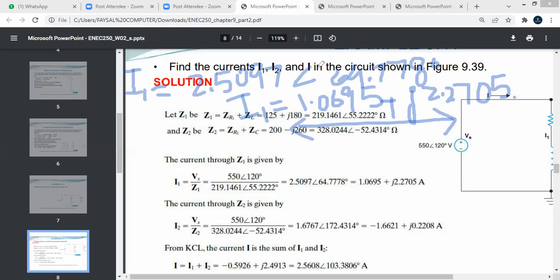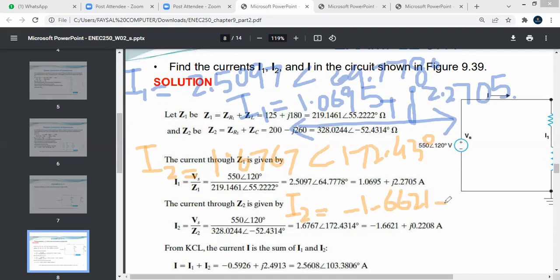Now for I2. I2 will be 1.6767 with the angle 172.43, and this will be I2 equals negative 1.6621 plus j 0.2208.